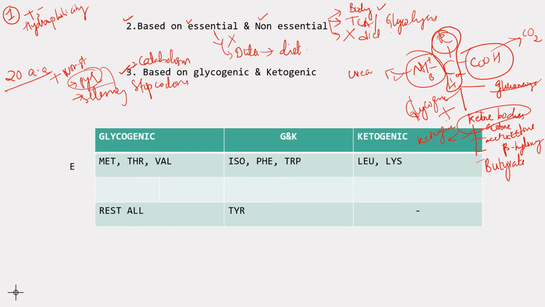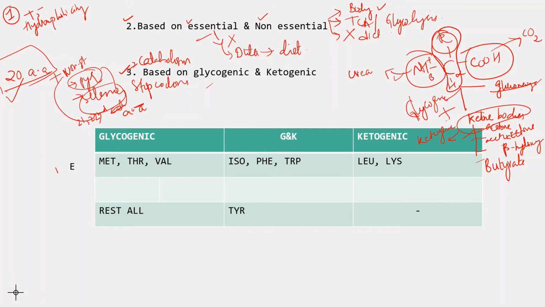Pyrrolysine and selenocysteine are the 22nd and 21st amino acids. So these are non-standard amino acids, whereas these 20 which we have discussed earlier in the slide are the 20 standard amino acids. We are only going to classify these 20 amino acids based on essentiality and glycogenic and ketogenic.